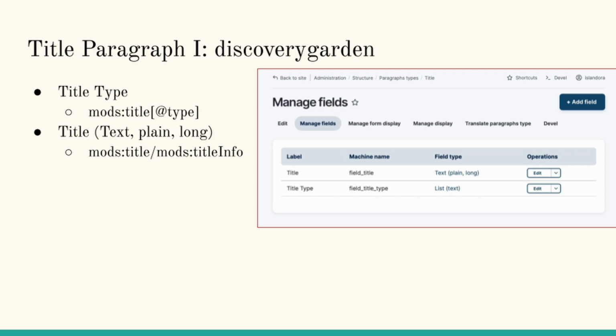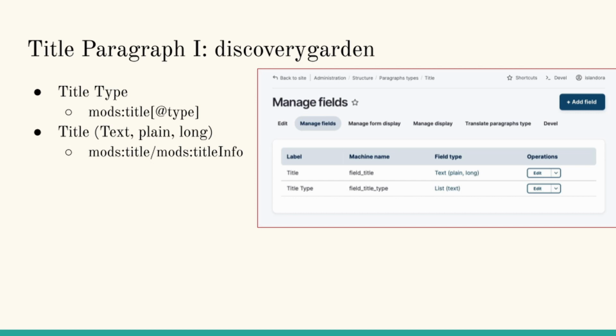One of the things that we have at Discovery Garden is a title paragraph. We have the regular Drupal title field, but beyond that is a paragraph that has 2 fields. It has a title type field, which has a list of the values for different types of titles within MODS, and then a separate title field.